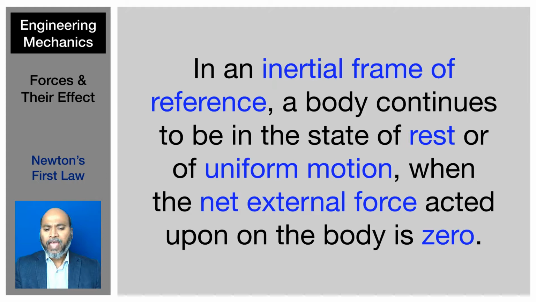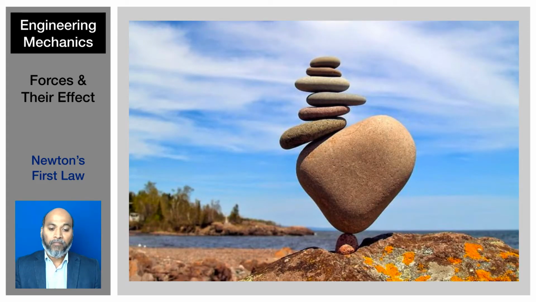Right, what happens when the net external force is not zero? When it is zero, obviously you can balance it. In this case, this is very finely balanced. I'm not really sure if someone has been able to construct this, but this is just a representation to show that if you could balance the forces, you can achieve something like this.